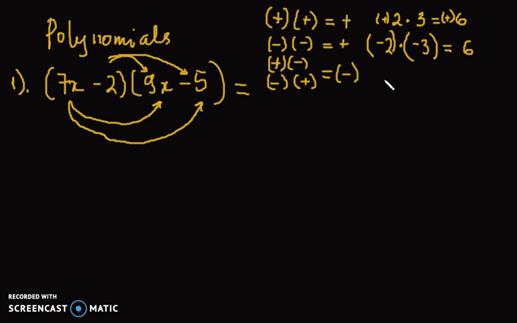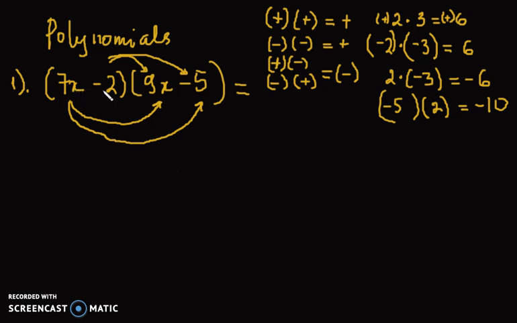So another example, we have 2, which is positive, multiplied by -3, I would have -6. And let's say -5 multiplied by a positive 2 will be equal to -10. This is important.